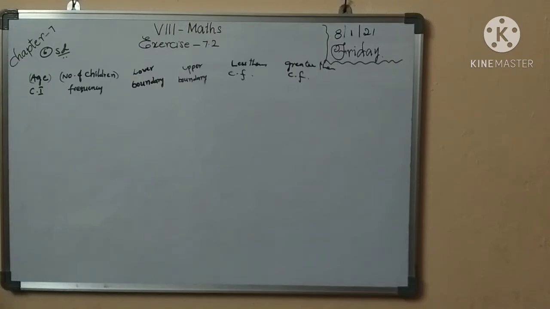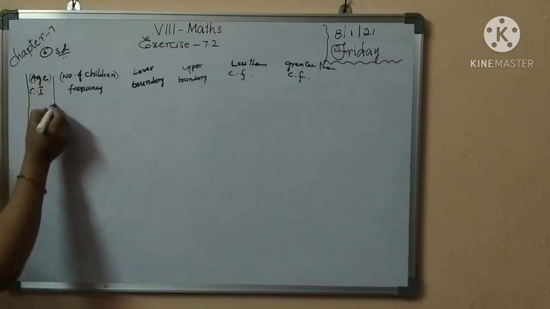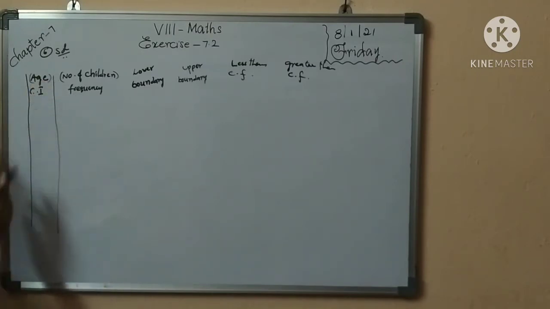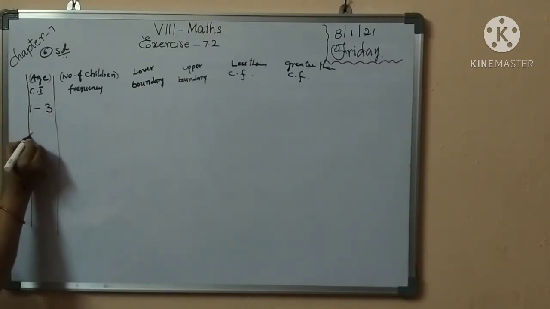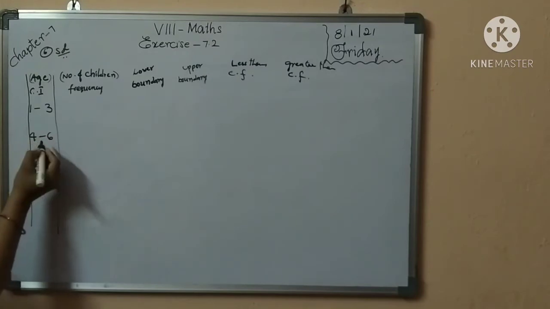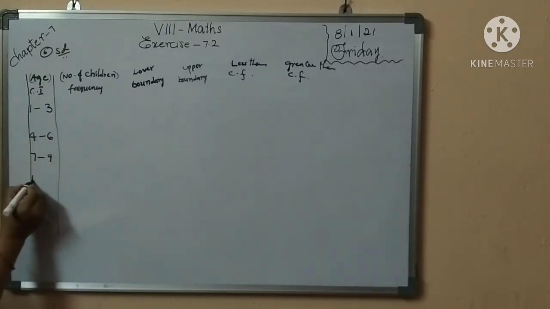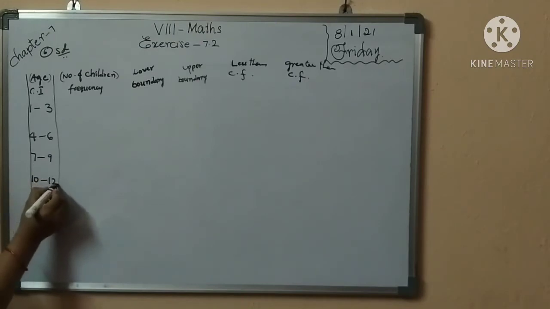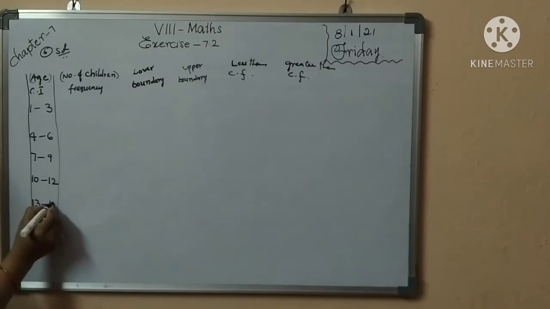So here look at the board, all of you children. First, the age is already given. It is the class interval: 1 to 3, next 4 to 6, next 7 to 9, next 10 to 12, next 13 to 15.